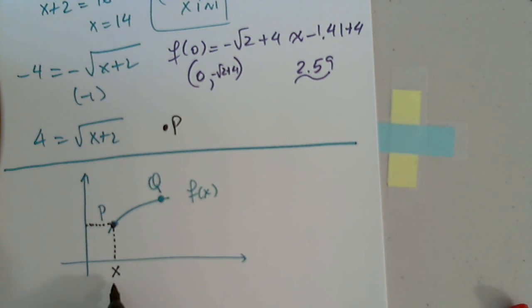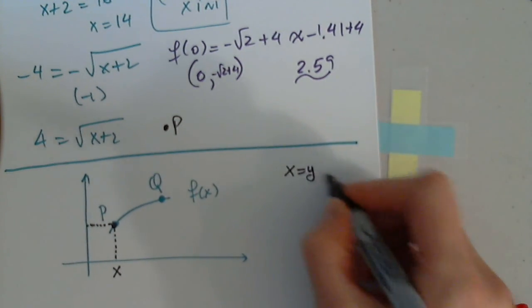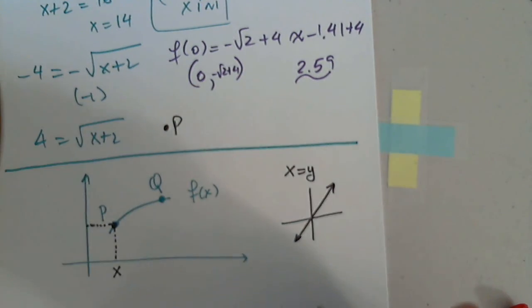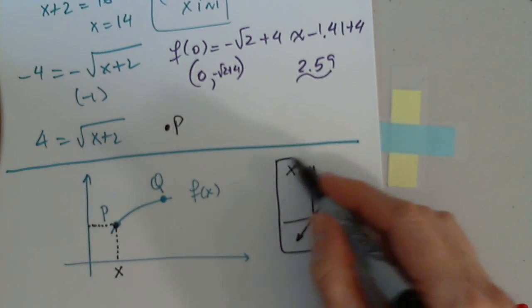Would it just be y? Perfect. Tell me in another way. Excellent. Of course. It's x comma y. They're the same. It's x equals y. No. X equals y is a line that bisects the first and the third quadrants. So that's a totally special situation.